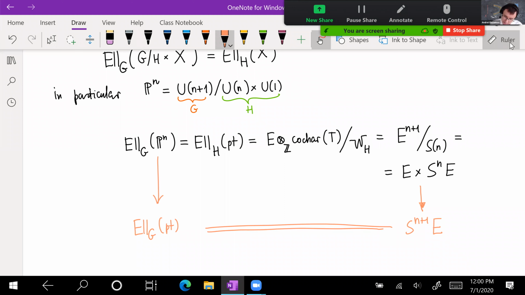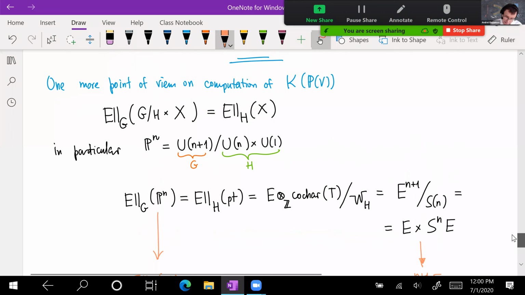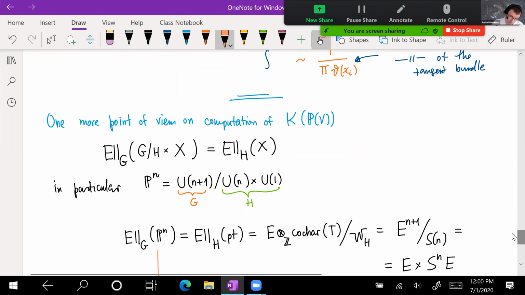And it's good that we computed it like that, because what do we get? Using this equality, maybe I'll just highlight this equality in yellow.